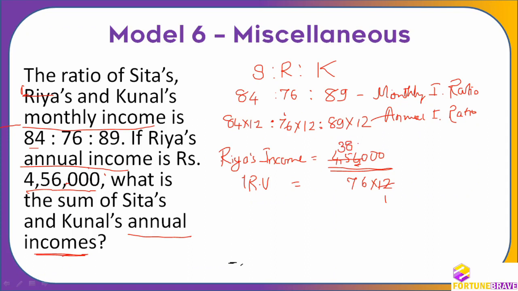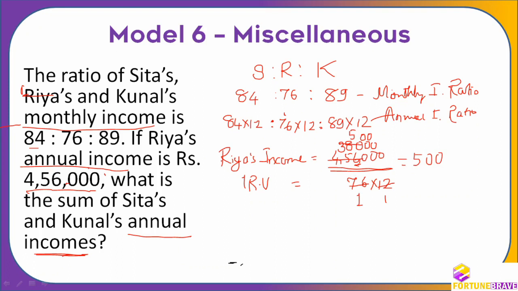So 96, and 3 zeros will come. So you can see when I divided by 12, I got the monthly income. Now 76 half is 38. So I can directly say 380 is 5, and therefore it is 500. So one ratio value is 500.